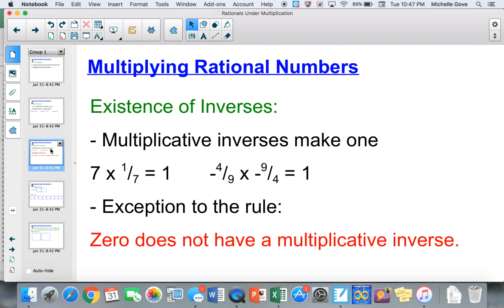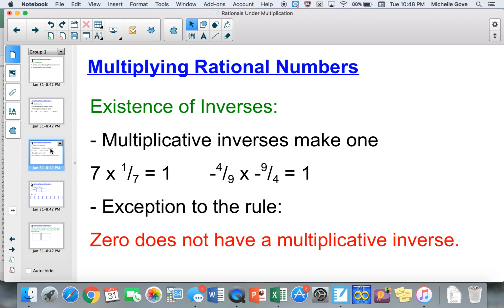And then we have our existence of inverses. Multiplicative inverses make 1. So now anything times its reciprocal is equal to 1. And a reciprocal is the opposite, so we flip the fraction. So instead of 7 over 1, or 7, we multiply by 1 over 7, and we know that's going to equal 1. We could do the same with negative numbers, so if I have negative 4 over 9, I could multiply by the reciprocal, negative 9 over 4, and that's going to equal 1.